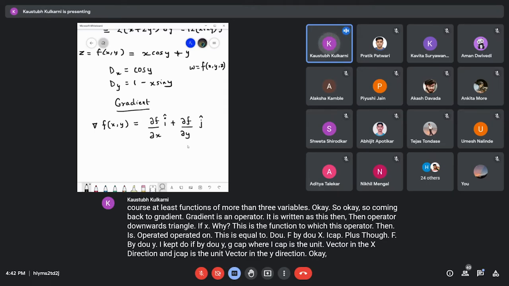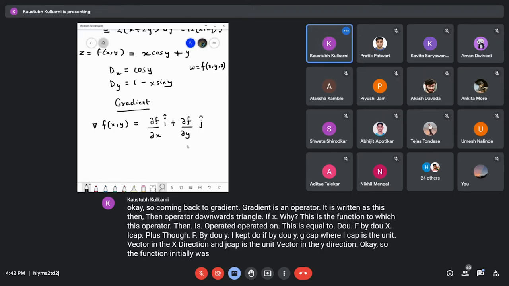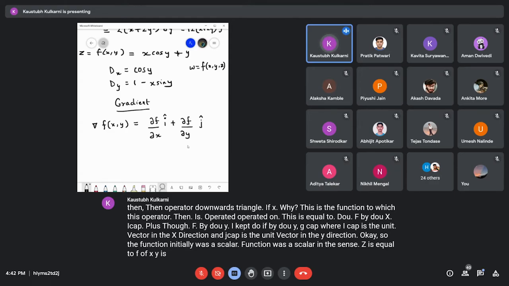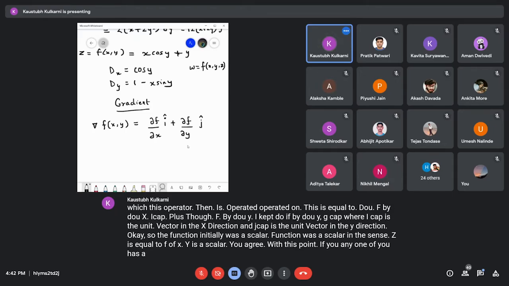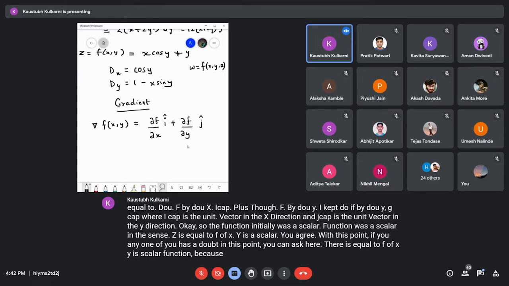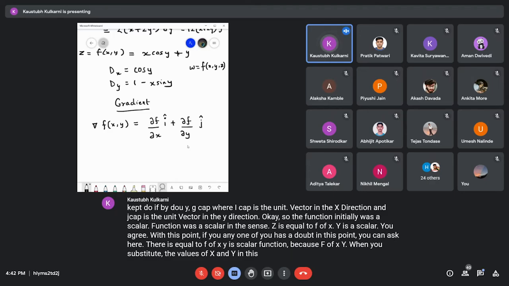Okay, so the function initially was a scalar. z is equal to f of xy is a scalar. Do you agree with this point? If any one of you has a doubt, you can ask here. z is equal to f of xy is a scalar function because when you substitute the values of x and y in this, ultimately you get a number.